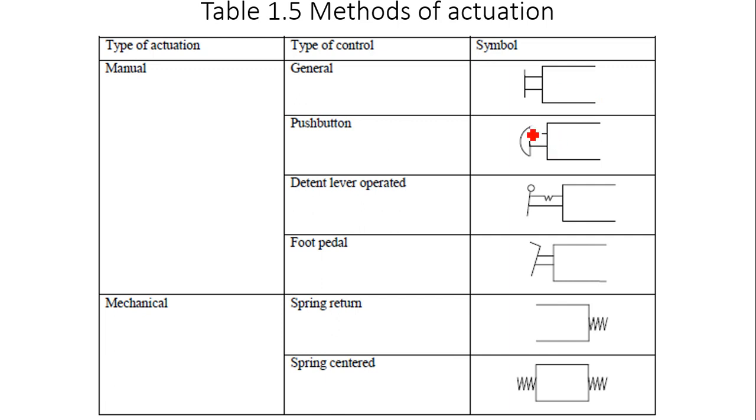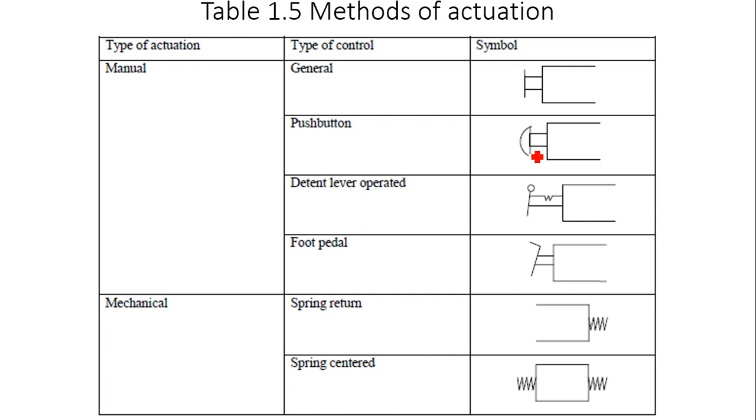This is push button. This is detent lever. A detent lever means there will be a lever and it will be secured once actuated. Any push button operation is like a bell button, like a doorbell. We just push it once and it comes back. It is not a detent lever or detent switch. A detent switch stays at that point after releasing the force.